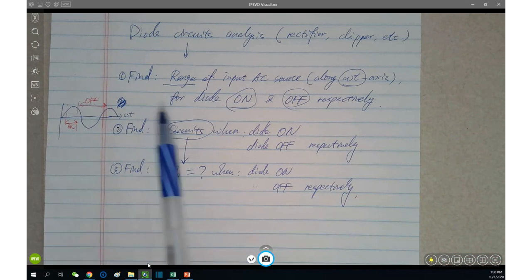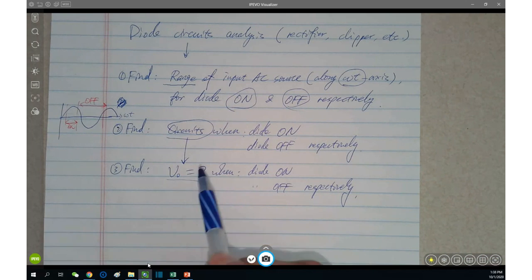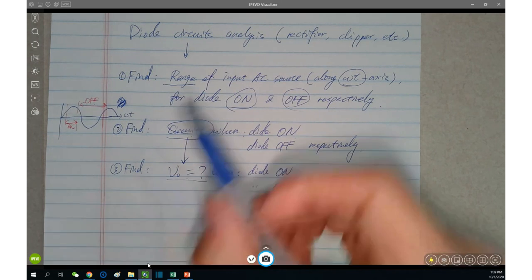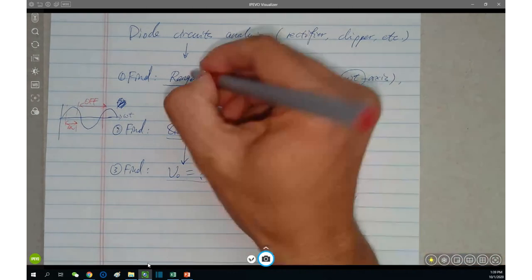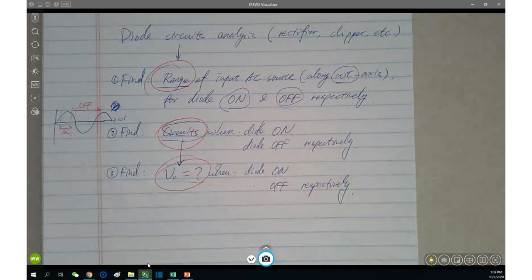So before finding the output voltage, you have to find the corresponding circuits, based on which you find the voltage or maybe current or whatever the problem is asking for. Okay, this is the idea. Find the range, once again, range, circuit, and whatever the problem is asking for.